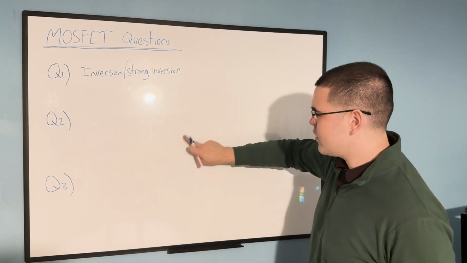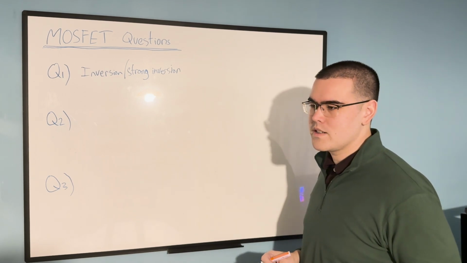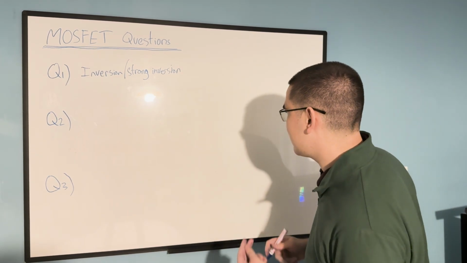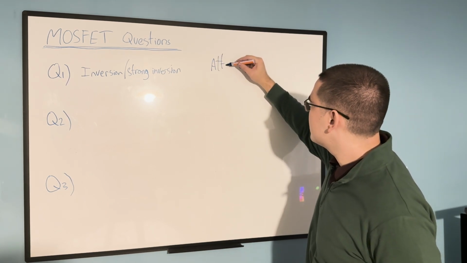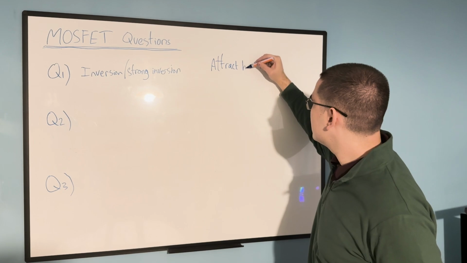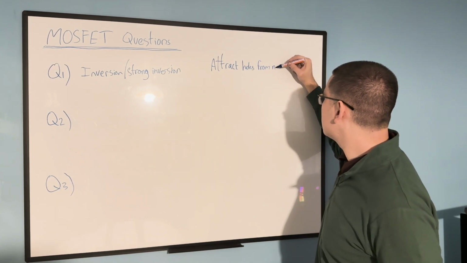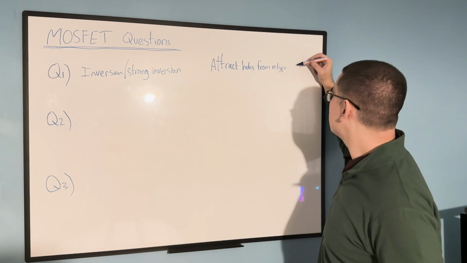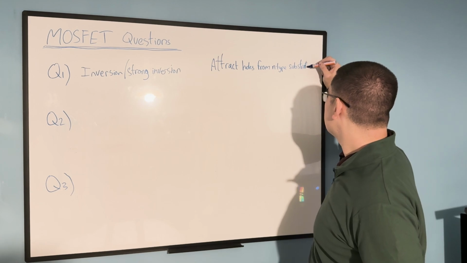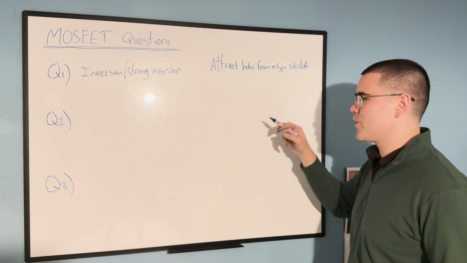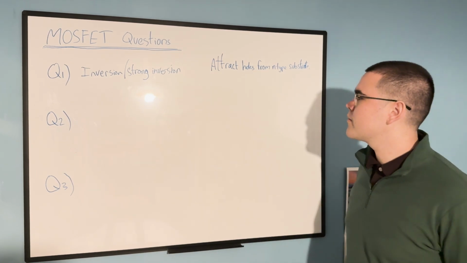To form a p-channel in the p-channel MOSFET, we need to attract holes from the n-type substrate. That's the explanation I'm looking for of why we're using inversion and strong inversion.